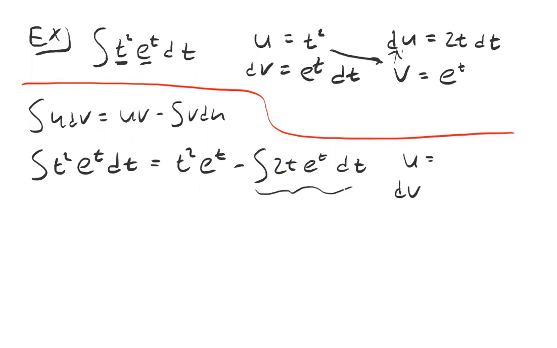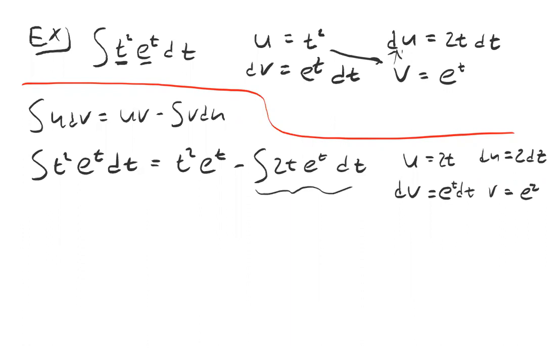So u I'm going to pick to be 2t, and dv is everything that's left over, e to the t dt. Then du is just the derivative, which is 2 dt. To find v, I take the integral, and I get e to the t.